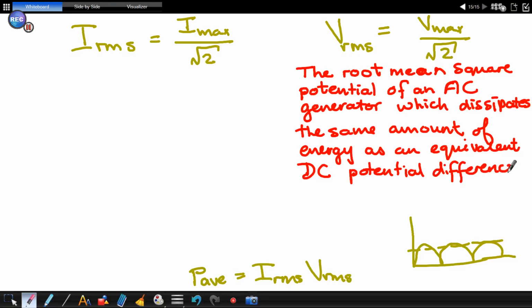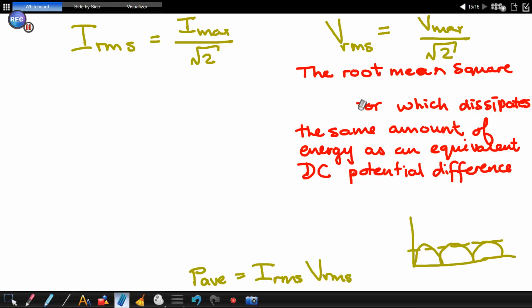The root mean square potential of AC is equal to a DC.